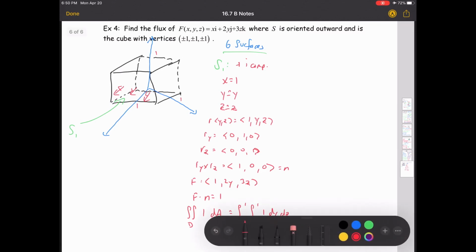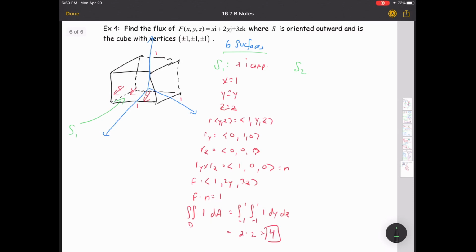So now we need to do S sub 2. We're going to call S sub 2 the backside of the cube. So I don't know how best to describe that. We'll write it up there. That looks maybe like it's pointing to the backside of the cube. Well, it's going to be exactly the same thing, except that this time we want there to be a negative i component because it's going in the negative x direction when it flows out the back.